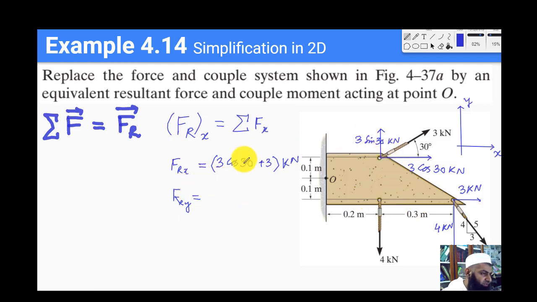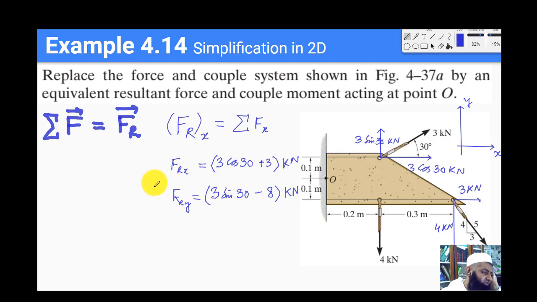One of the forces is 3 sin 30. This is going to be positive and these two are going to be negative, so this is 4 kilonewtons, the other one is also 4 kilonewtons, we get minus 8, and the whole unit is kilonewtons. Okay, so we have already found the resultant force.